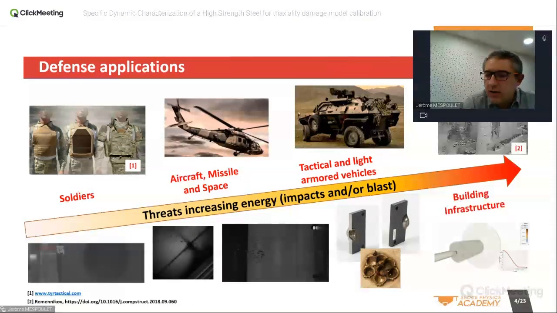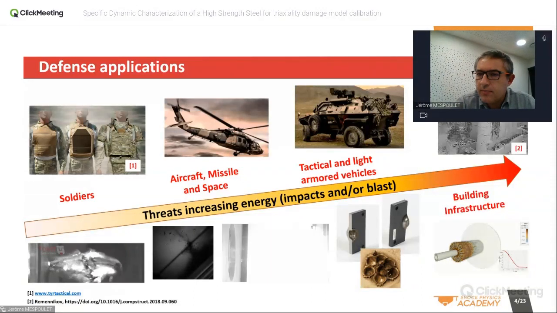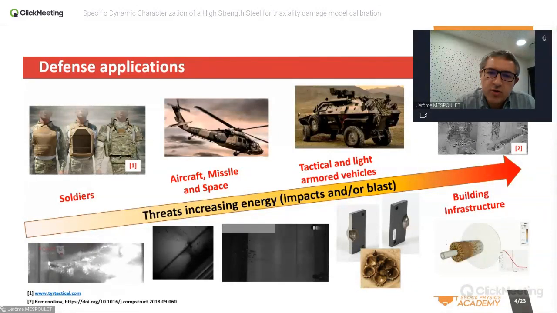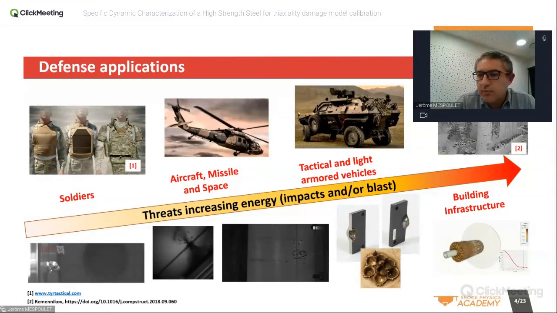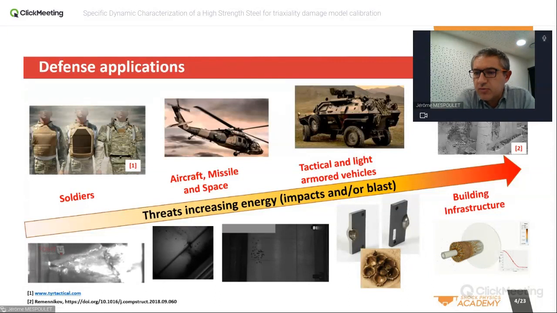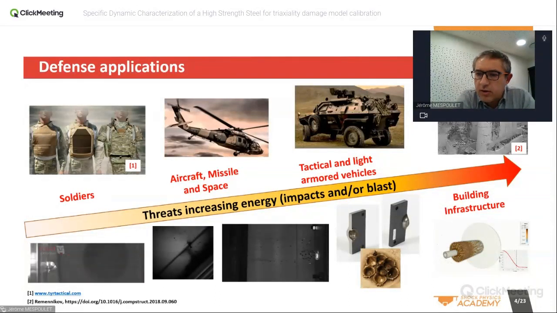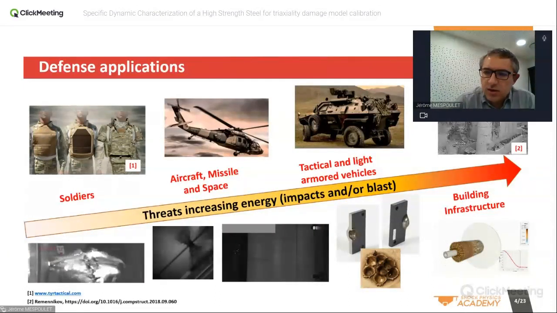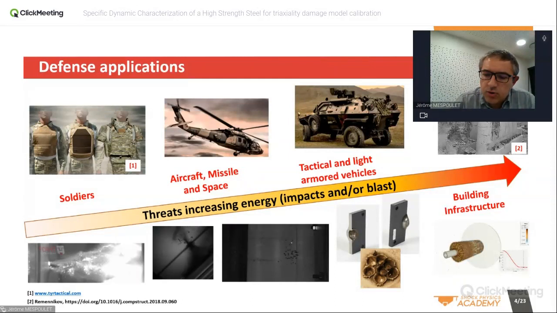And the highest energy we can consider now is on buildings and infrastructures. You have an example on the top of a self-forging projectile with explosive, and at the bottom some numerical simulation we have done in our laboratories for concrete penetration with a kinetic energy penetrator.